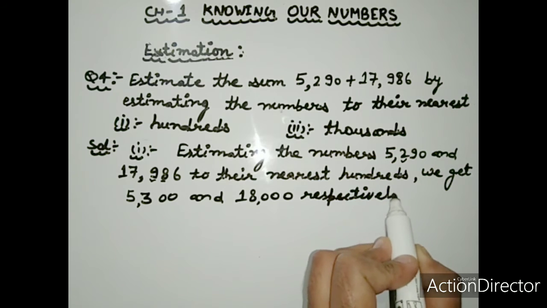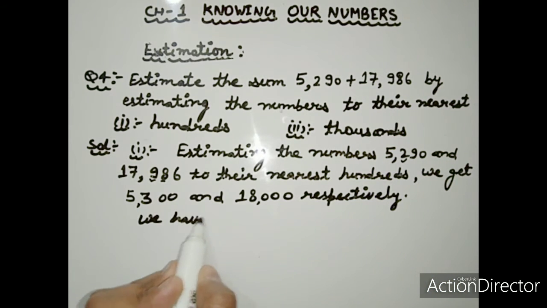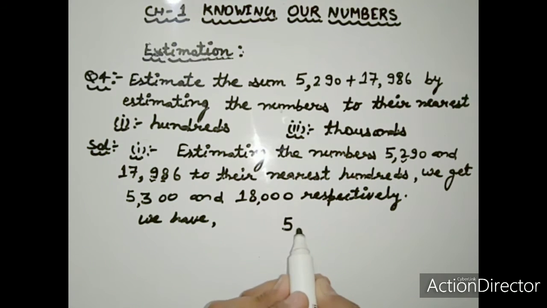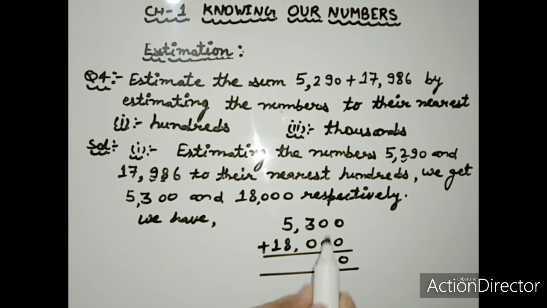Respectively. Now we have 5300 added with 18,000. 0 plus 0 is 0, 0, 3 and 8 and 5 is 13, 3, 1 carry here, 1 plus 1 is 2, 23,300.